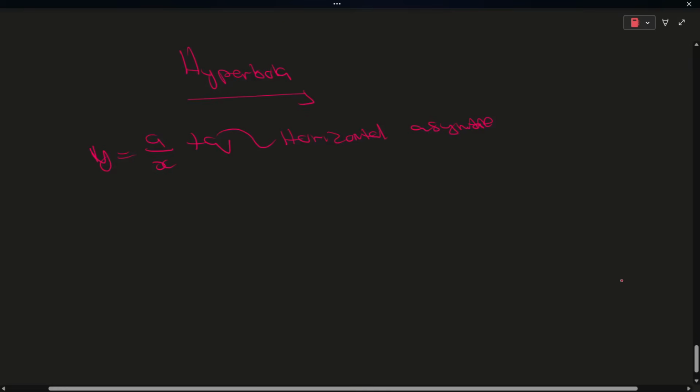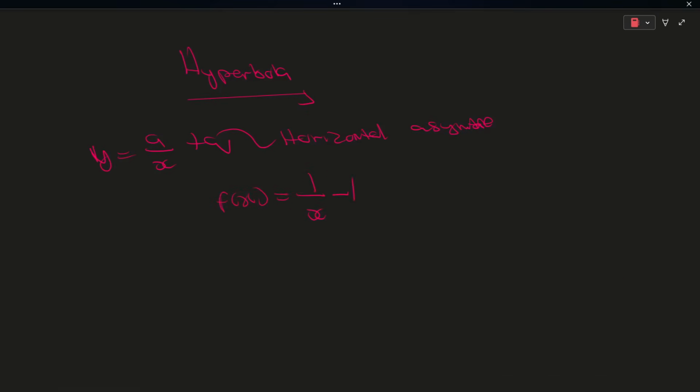Let's say we're given the equation f of x is equals to 1 over x minus 1.